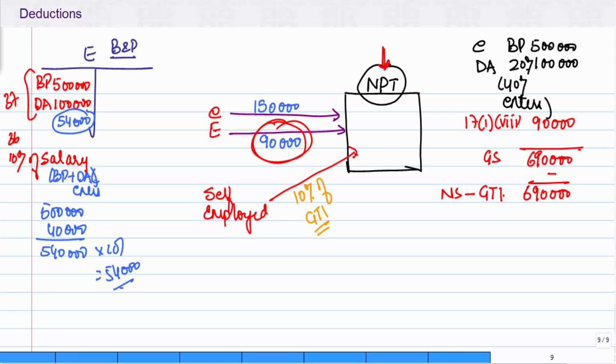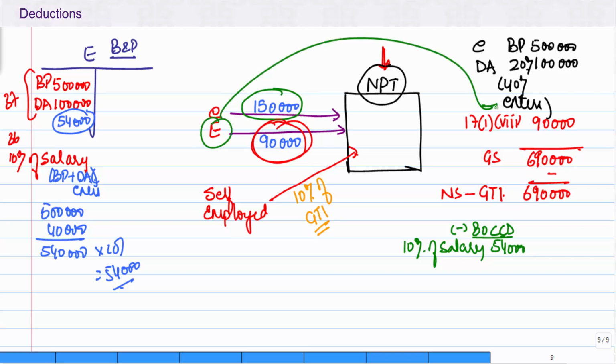Now, from this GTI, you're going to get deduction of 80CCD. The employee's portion is subject to a maximum of 10% of salary. So again, 10% of salary, which basically means it will be restricted to 54,000. And because the employer's contribution has been added to the salary of the employee, it's now kind of that the investment the employer made, which has been added to your salary, is now what the investment you made.